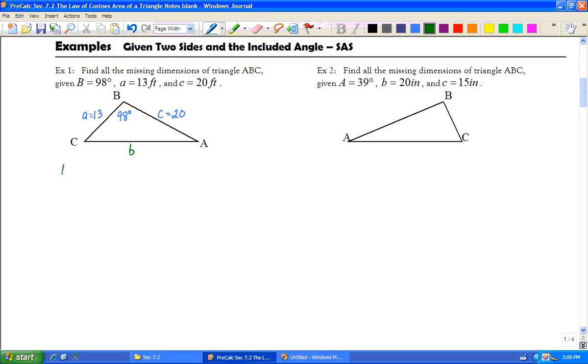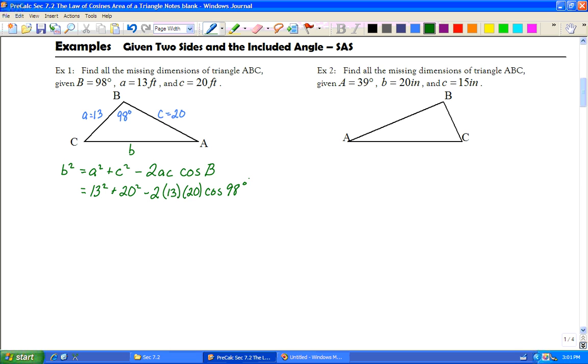We're going to use the formula b squared is equal to a squared plus c squared minus 2ac times the cosine of angle B, and we'll substitute everything in. So we're going to have 13 squared plus 20 squared minus 2 times 13 times 20 times the cosine of 98 degrees.